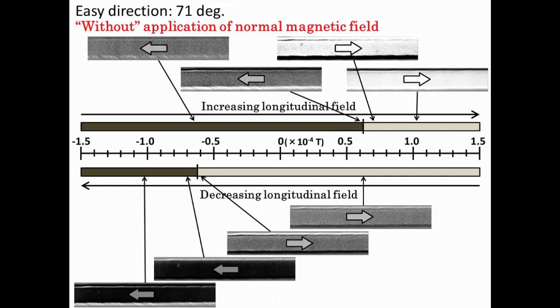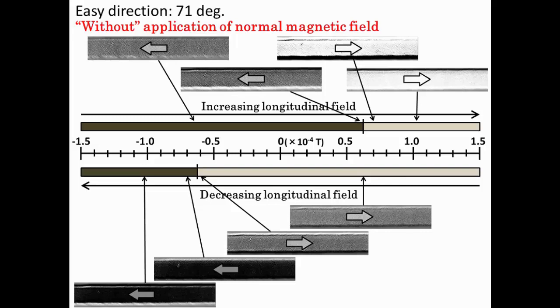The lateral scale represents the value of applied field in the inclined direction. The upper figures represent the magnetic domain when increasing external field, and the lower figures represent when decreasing external field. This is an image of Kerr-microscope, and estimated magnetization direction is shown by arrow.